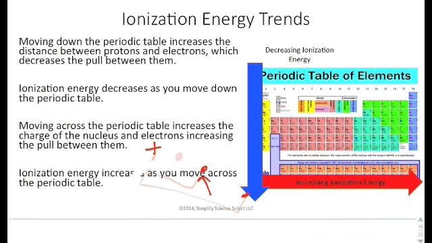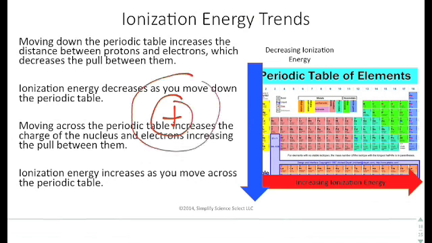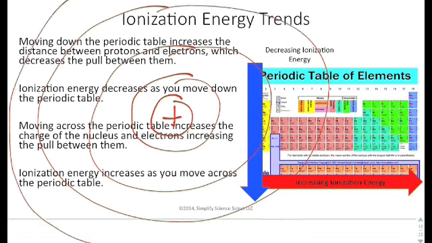Now, looking at it from the other perspective, as we move across the periodic table, we're actually increasing the amount of charge. I'm going from +1 to +2 to +3. If you do that, you're increasing the amount of charge affecting the one electron you're trying to remove.